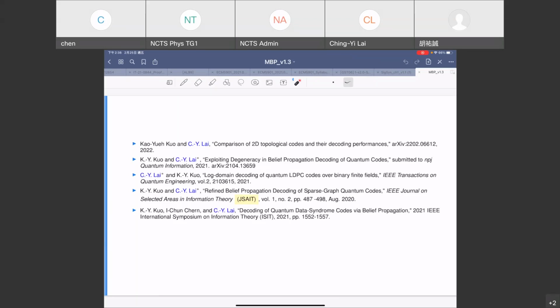So in classical communication, a very famous decoding algorithm is called belief propagation. But this algorithm does not work for this quantum topological code.